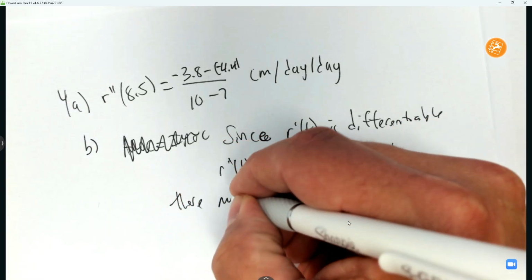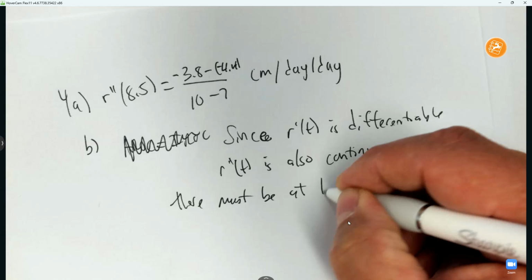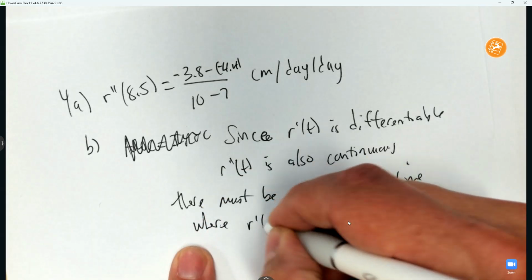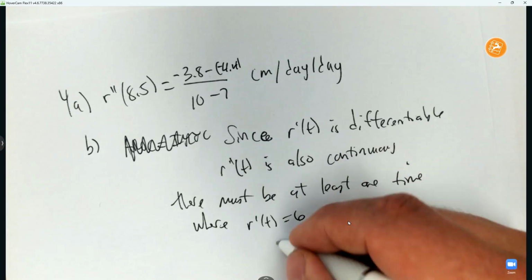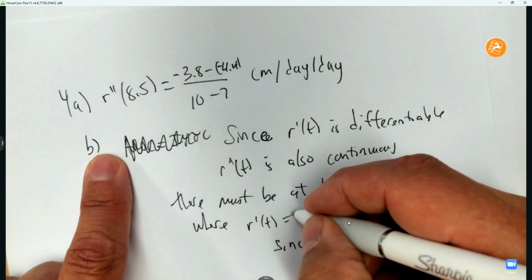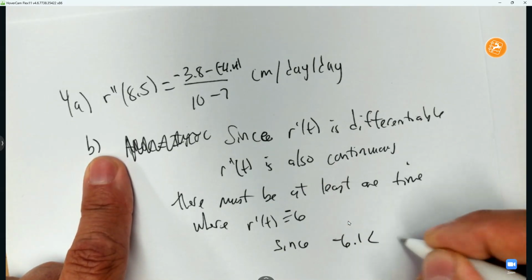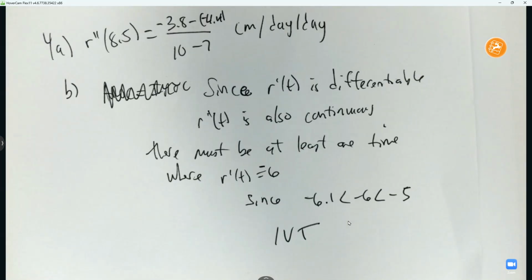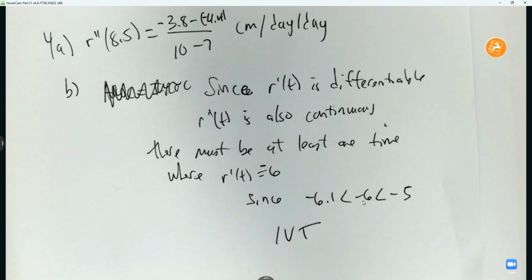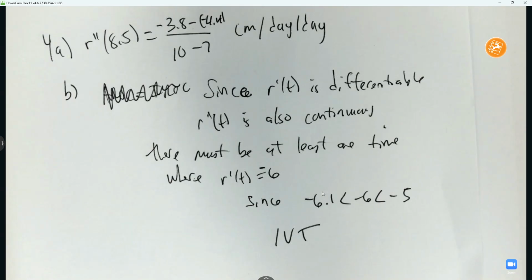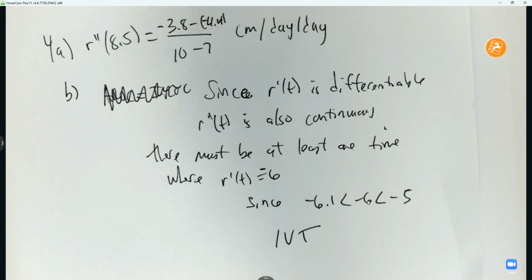There must be at least one time where r prime at t equals negative 6, since negative 6 is in between negative 6.1 and negative 5. And that's the intermediate value theorem. So since negative 6 is in between that, and it's continuous because it's differentiable, there must be at least one time where it equals negative 6 because it's in between those two end values. All right, part C.